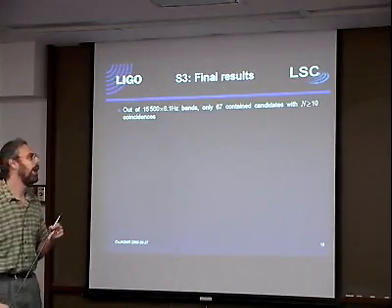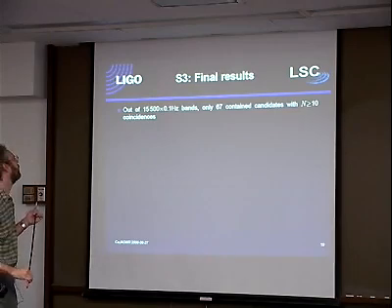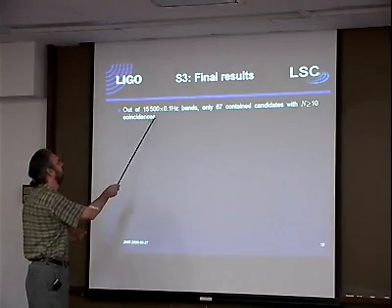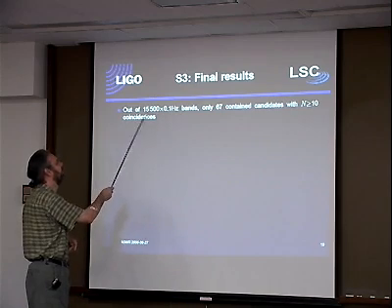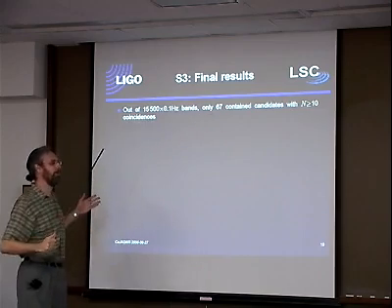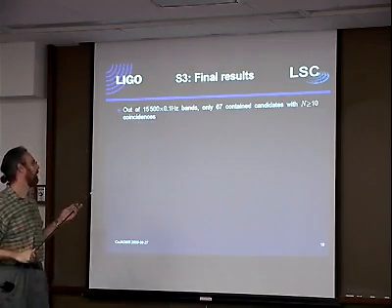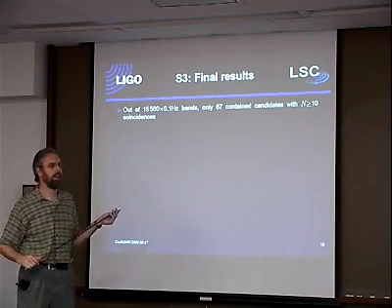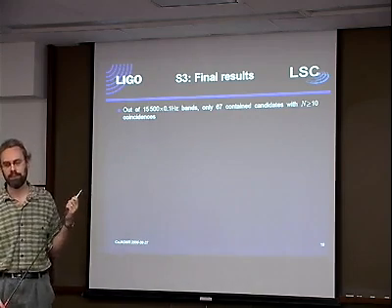So the way we characterize these is to split the data into 0.1 hertz bands. If we do that, only 67 frequency bands out of the entire range of frequencies contained candidates with more than 10 coincidences.